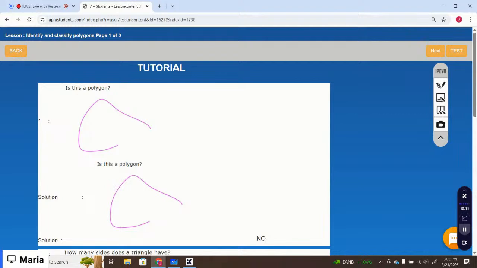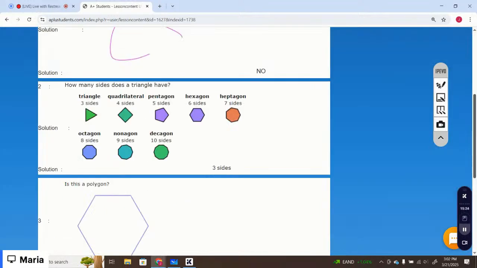Is this a polygon? No, that is not a polygon. How many sides does a triangle have?